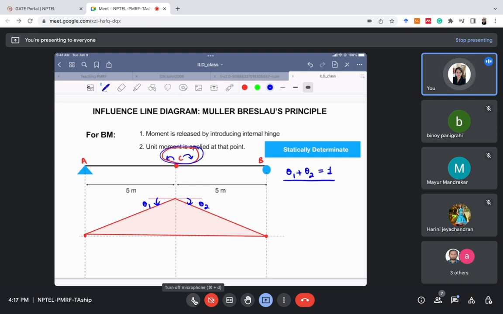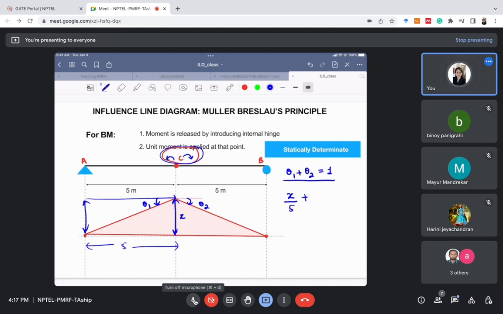Now, since theta 1 is very small, theta 1 can be taken equal to tan theta, which is perpendicular upon base. This is the perpendicular and this is the base for theta 1. Let's assume the perpendicular value is x, because we need to find this value only. So theta 1 is perpendicular divided by base, and the base here is 5.